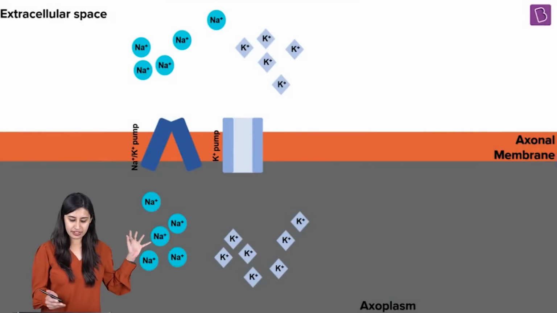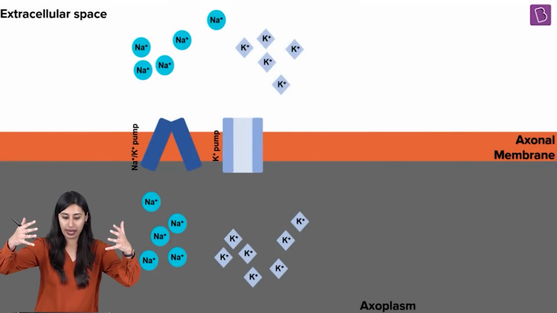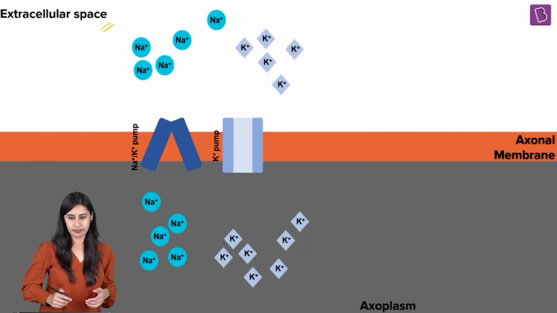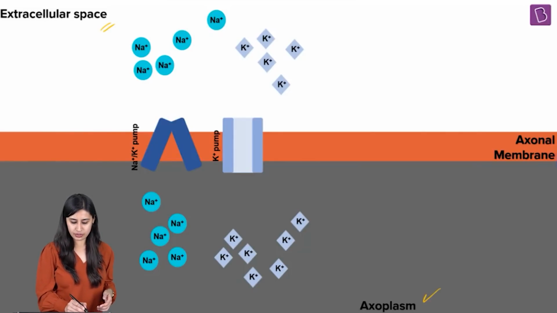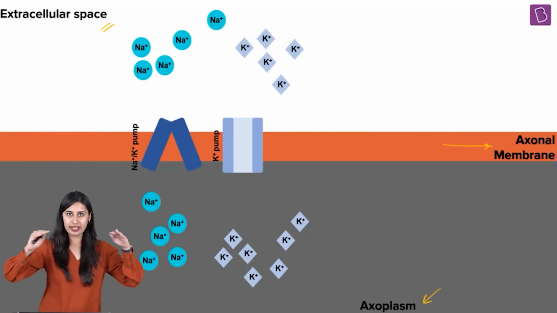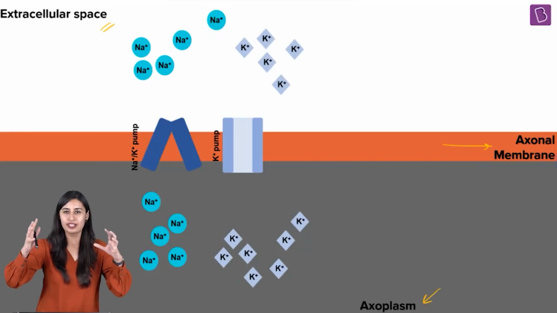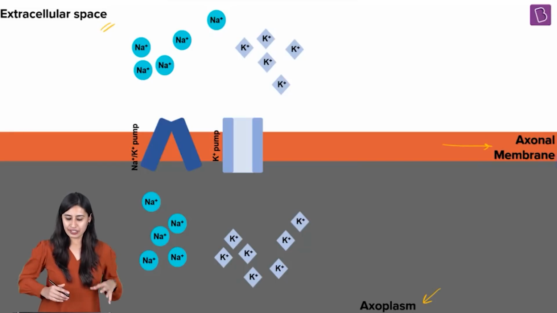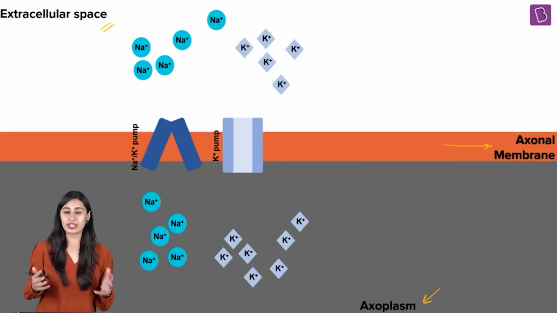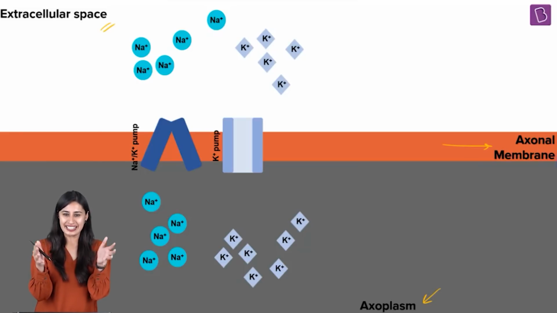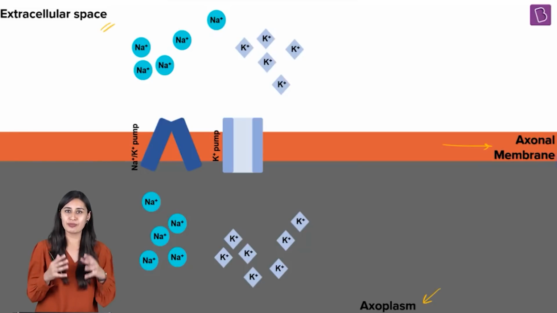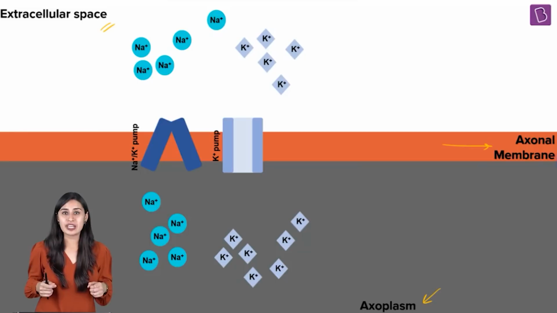When we talk about the extracellular space and the exoplasm, this is the membrane which has these sodium-potassium pumps. You can see the sodium ion and potassium ion. Sodium ion by itself is not sufficient, potassium ion by itself is not sufficient, but this combination of the two, this sodium-potassium couple, is what is very important for the transmissions that happen.